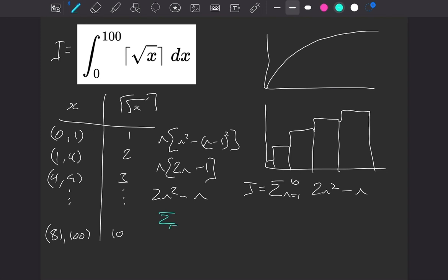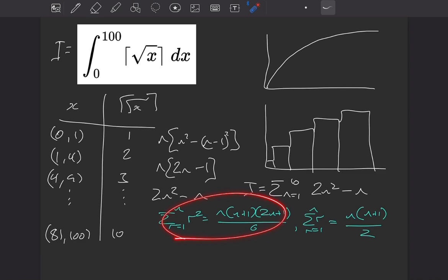The sum of the squares from 1 to n is equal to n times n plus 1 times 2n plus 1, all divided by 6. And the sum of just the numbers, again from 1 to n, is equal to n times n plus 1 divided by 2. So we need to evaluate this one twice, this one once, but do a subtraction for this one. So let's plug it in.